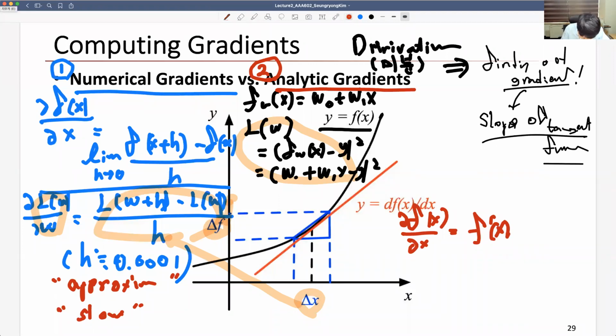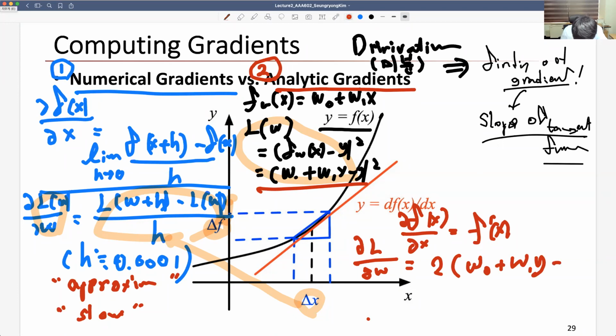For example, if we think about this learning procedure, the loss gradient with respect to w is going to be what? 2 times (w0 plus w1 x minus y) times 1 or x, for w0 and w1, right?